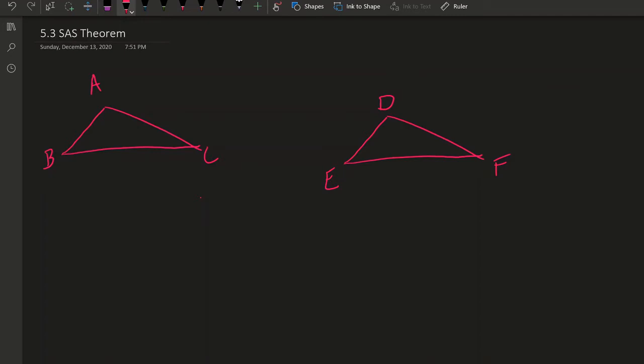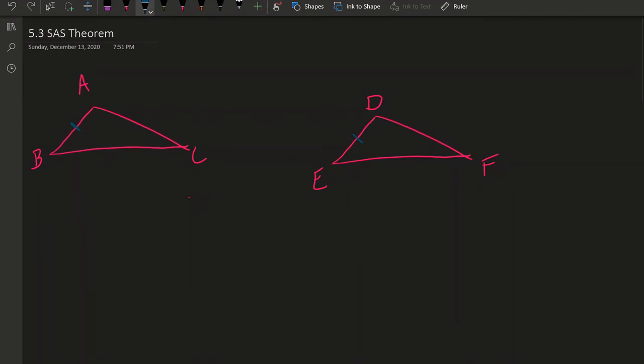So the SAS theorem is a shortcut that we can use for this, because here's the idea. If I knew that just 2 of the sides were congruent, so if I have these 2 sets of corresponding sides, and I also know that the angle in between them is also congruent, if those 3 pieces are congruent, that implies that everything else is congruent, and therefore the entire triangle is congruent.